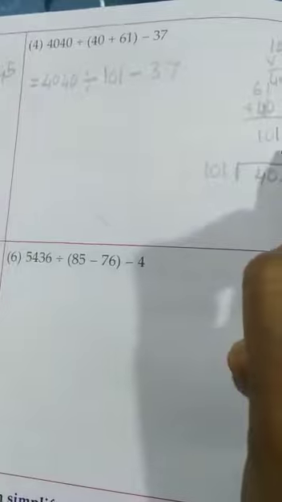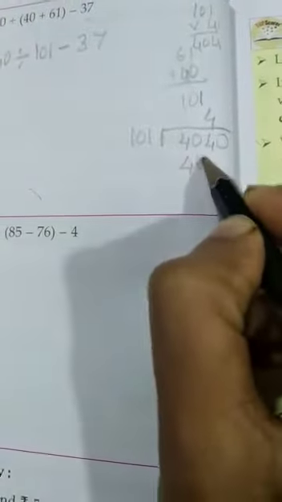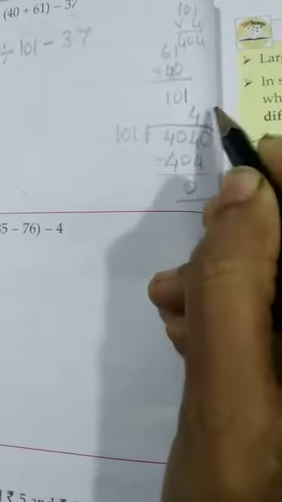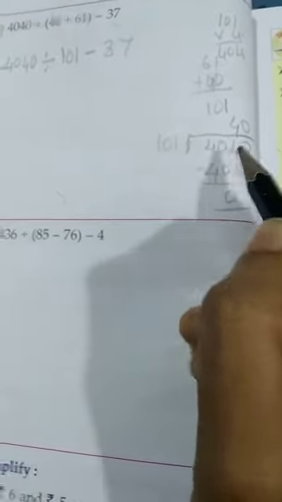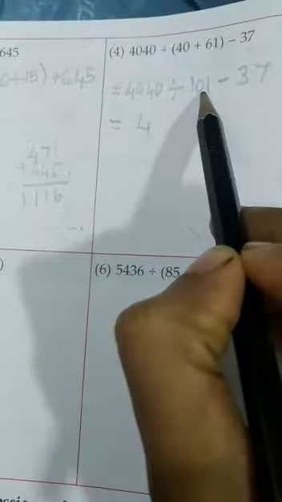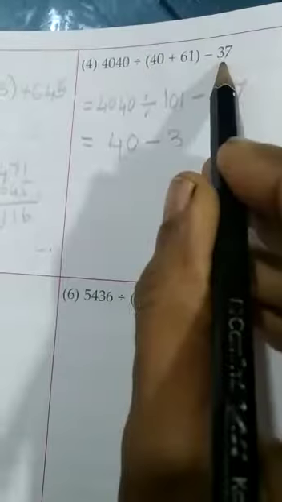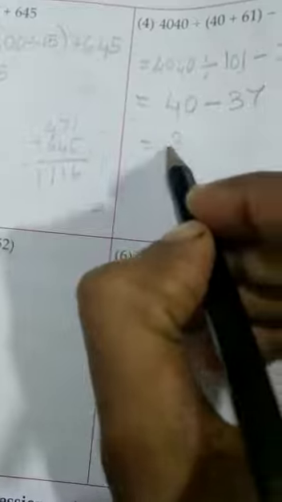So you write 4 here, 404 here, minus, and put the 0 over here. So what did you get? When you divide, you got 40. So by dividing this by 101, you got 40, then minus this number, that is 37. What will you get? You will get the answer as 3.